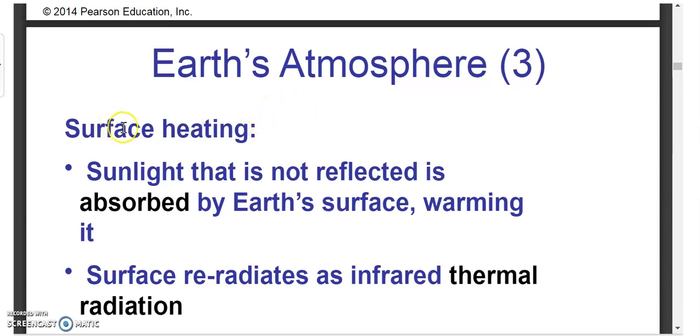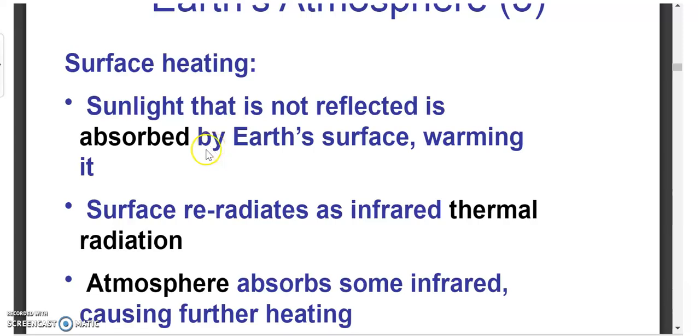So of course, we just talked about that the surface is heated by the sun. Of course, that's pretty obvious. And of course, the sunlight gets absorbed by the Earth. It warms up the Earth, and during that process of warming the surface of the Earth, it does this to the oceans as well.